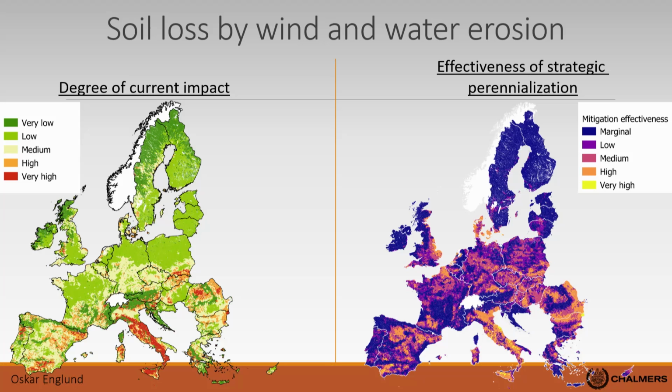So we first take a look at soil loss by water and wind erosion combined. At your left, we have the degree of the current impact. So here we have, again, the same legend, from very low to very high. And soil loss by wind and water erosion, this almost exclusively refers to water erosion.